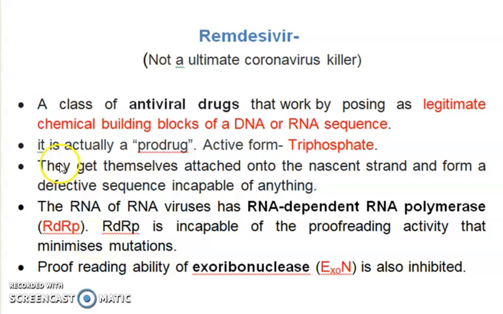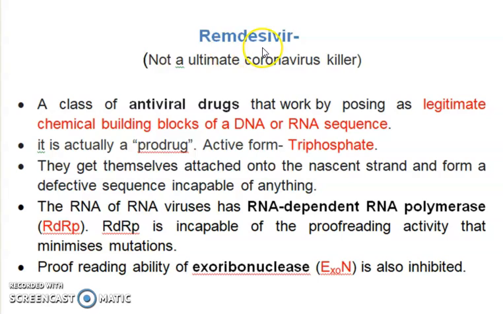The coronavirus itself has an enzyme called exoribonuclease which is able to proofread. For any mistake, this exoribonuclease is there, but Remdesivir inhibits its activity, so the error in the chain growth cannot be detected by the enzymes and the chain is terminated.